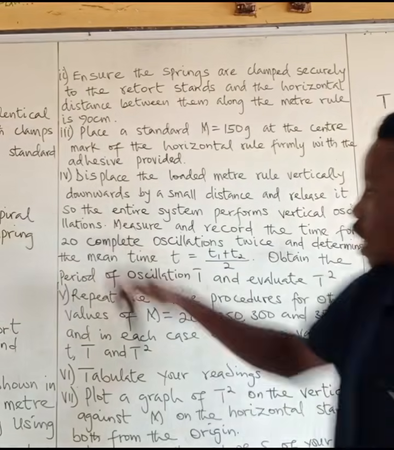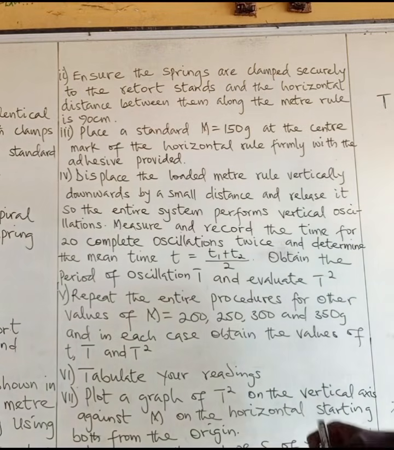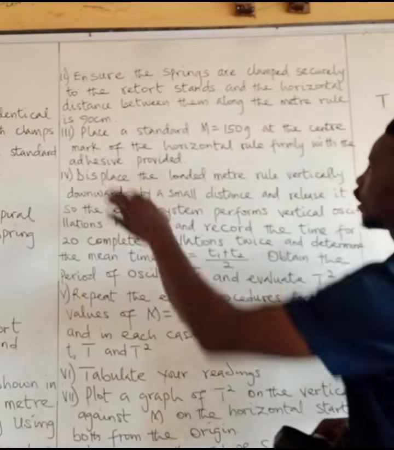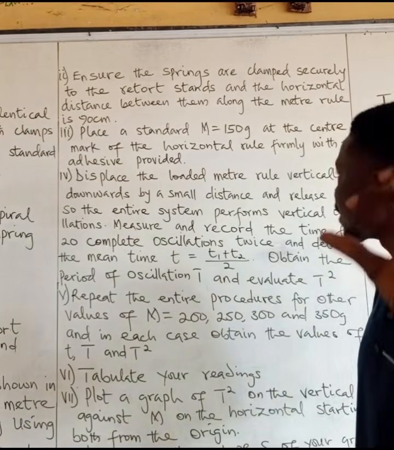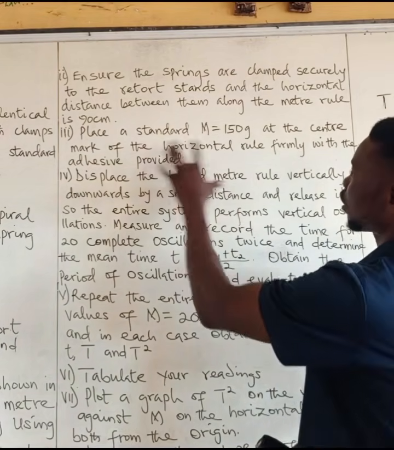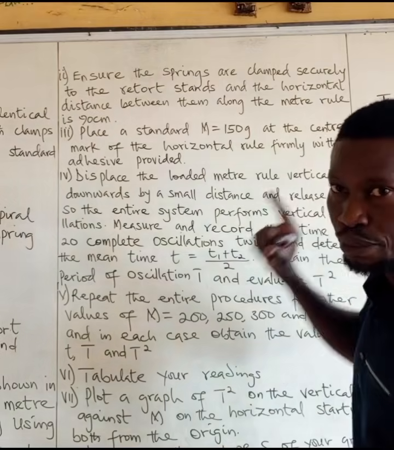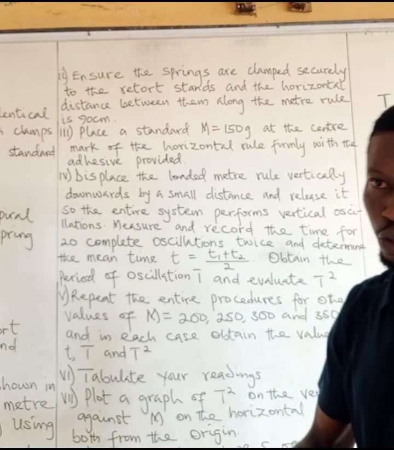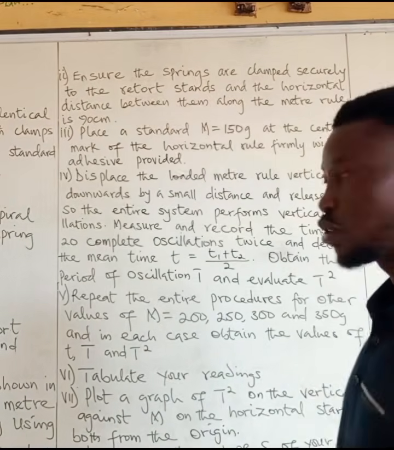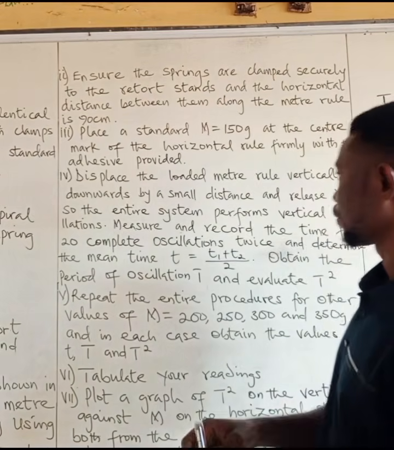So along the meter rule, that is the space between the two springs should be 90 cm. Again, you place a standard mass m equal to 150 grams at the center mark of the horizontal rule, firmly with the adhesive provided. Sometimes you may use a masking tape, a cello tape, or plasticine.